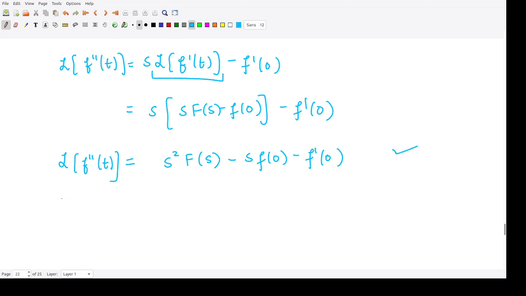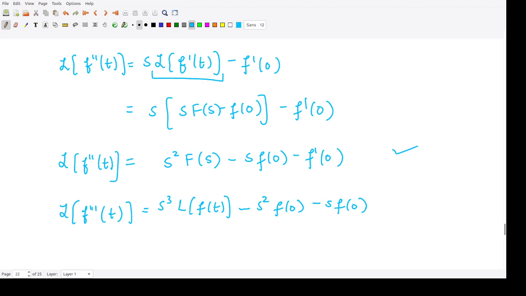Again, if you open up this bracket, you would have the Laplace transform of f triple dash t. It would be s cube, the Laplace transform of f of t, minus s square f of 0, minus s f dash of 0, minus f double dash of 0.